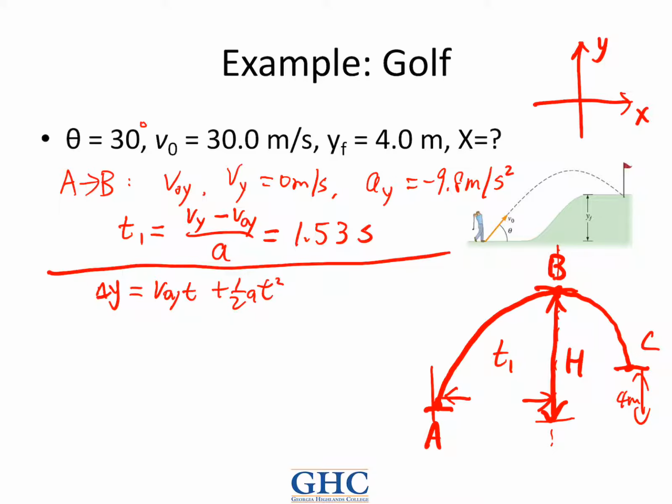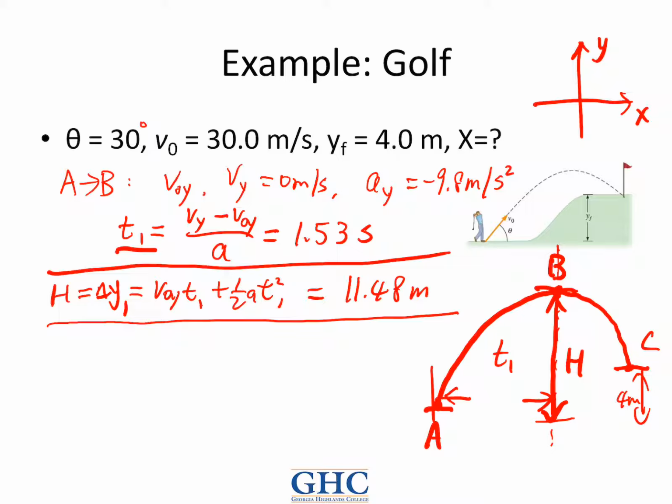Now we know t1. Actually, it's called h equals delta y1. You can use t1, plug it in, and it should give you 11.48 meters. There's another way you can find h, you can try it by yourself. So we find h is 11.48 and t1 is 1.53 seconds.